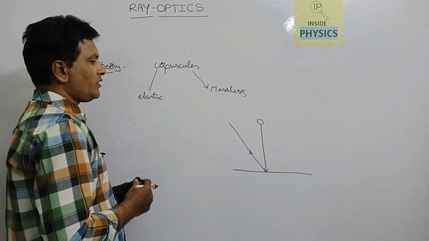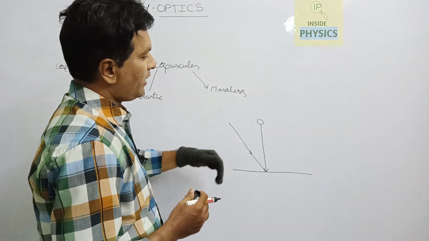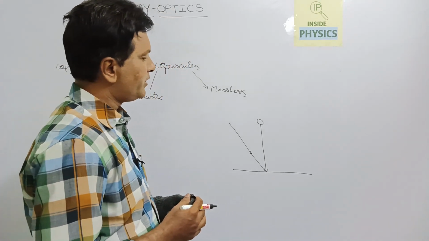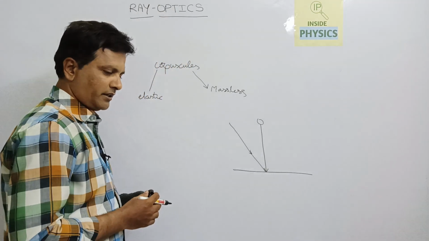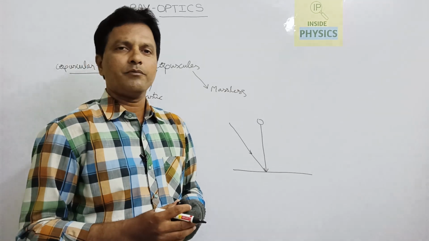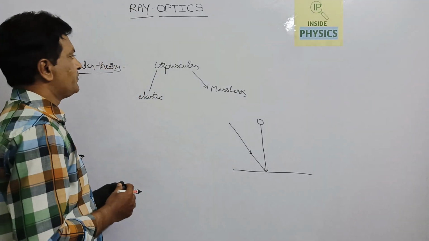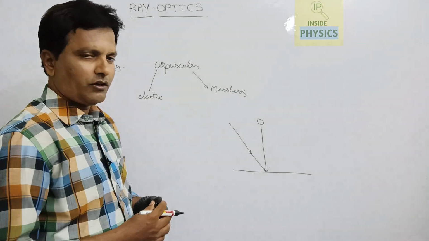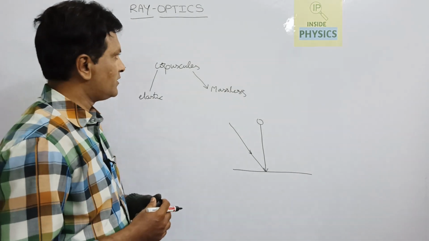But this reflection phenomenon is practically not viable as Newton said. The corpuscular theory is unable to explain the laws of reflection.